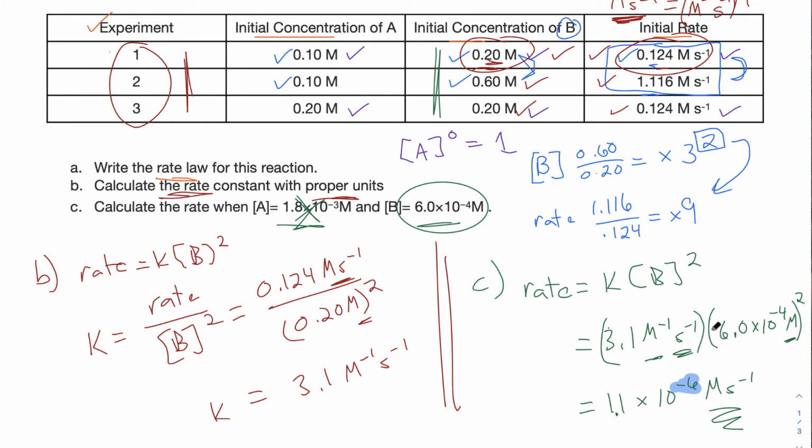We have a much slower reaction because we have a much lower concentration of B. This particular rate with this particular concentration would be true no matter how high the concentration of A. As long as there's some A in the reaction pot, then this reaction will go at this particular rate at that particular concentration of B.